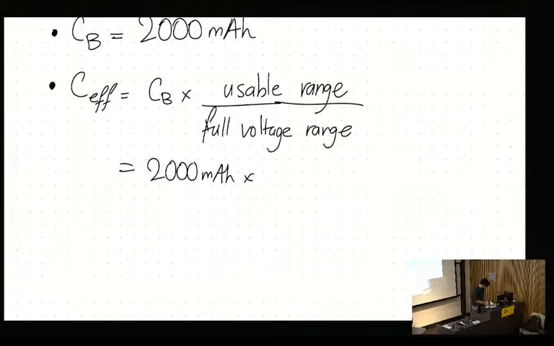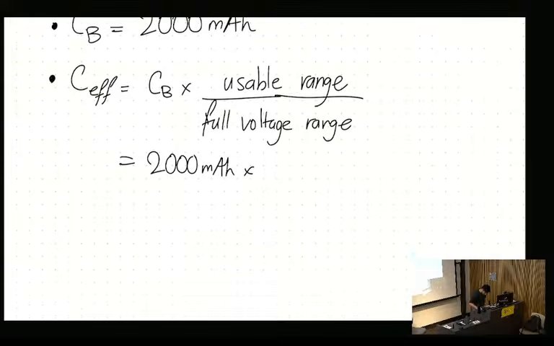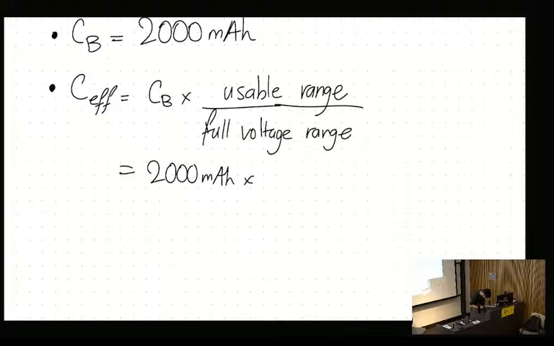I think I have this calculation done somewhere. So what did we calculate it as? The full voltage range is 4.1 minus 3.7.